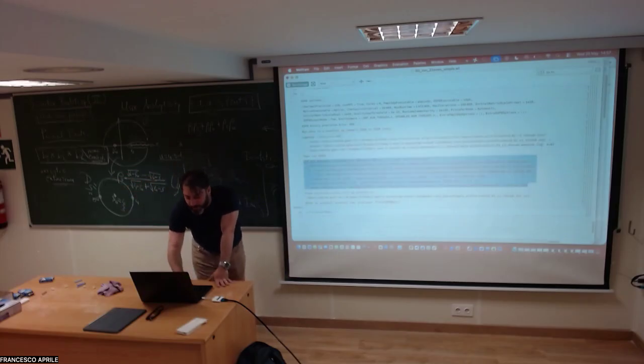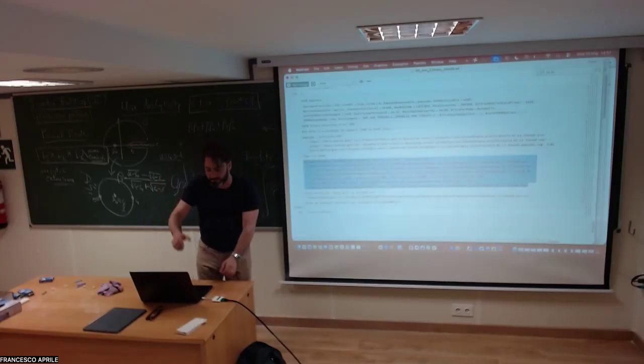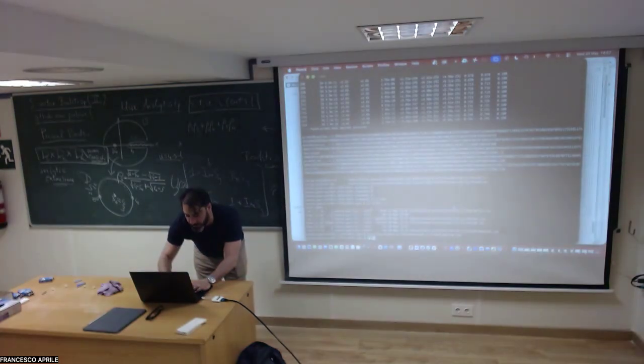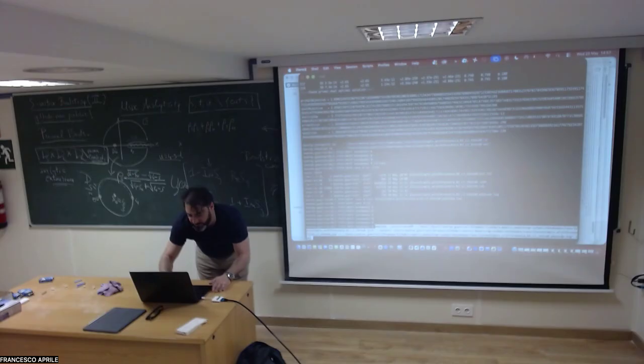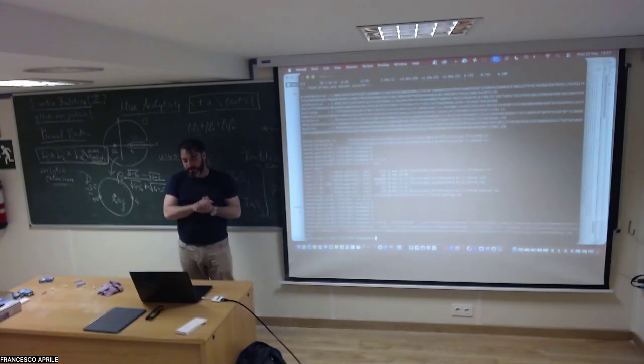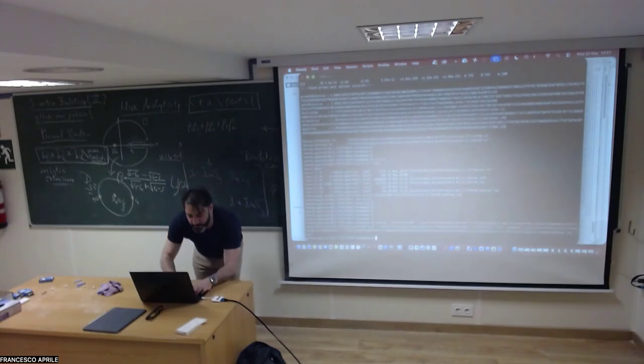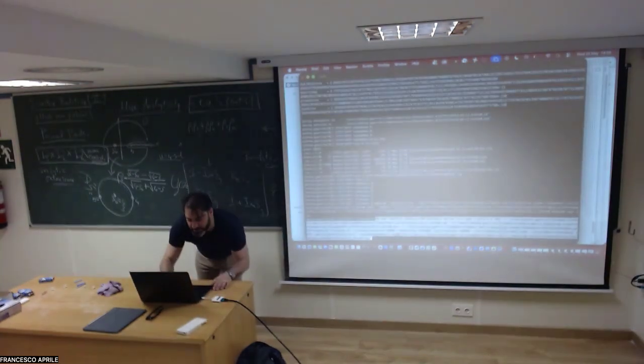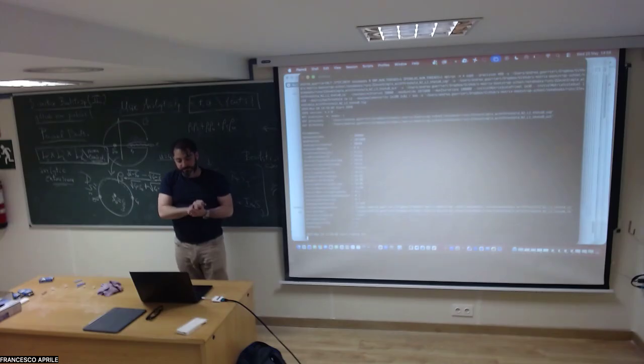And then there is this other command here that runs the solver. So I take a copy, I go here, I paste. See what happens. Okay, done. Then I copy this part, I paste. See what happens.